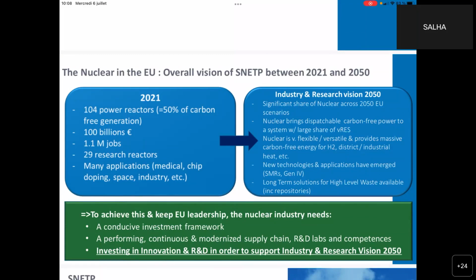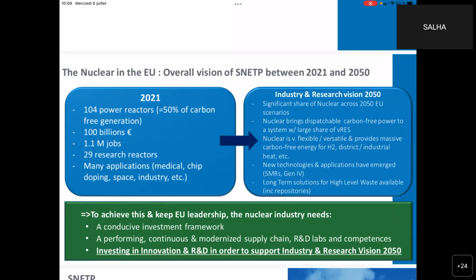If we look at the landscape by 2050, in all EU scenarios, you may notice that a significant part of electricity is going to be provided by nuclear energy. It is roughly speaking about 15%.